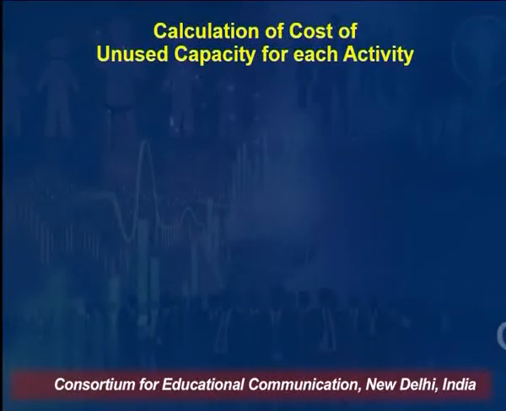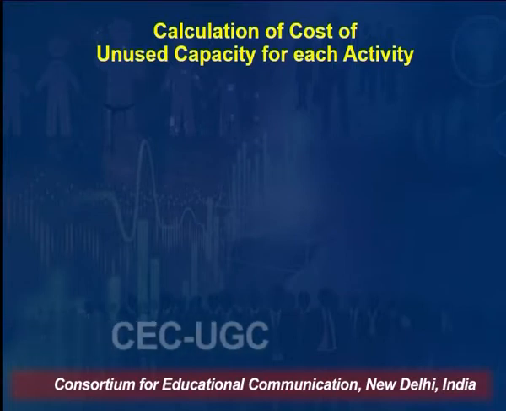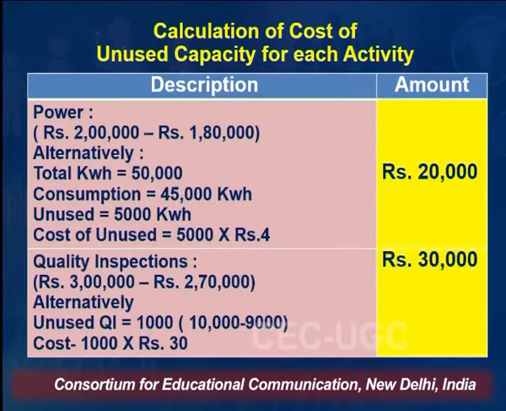Now we can calculate the cost of unused capacity for each activity, which was demanded in the question. There are 2 ways to calculate the cost of unused capacity. But before that, we should know what my unused capacity is.